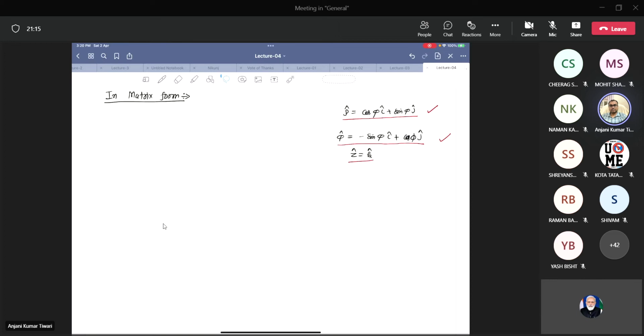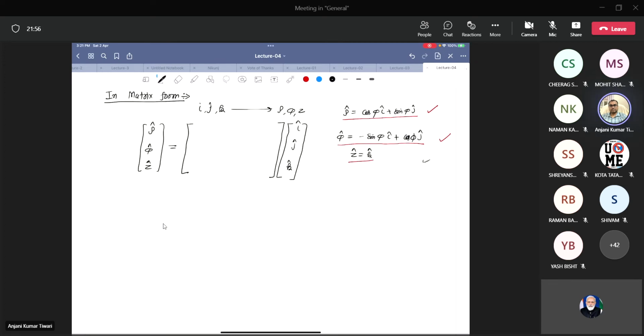Now what do we want? We want to write this transformation in the matrix form, going from i j k to rho phi z. So let me write down rho cap, phi cap, z cap equal to a matrix times i cap, j cap, k cap. Now let us look at these equations.